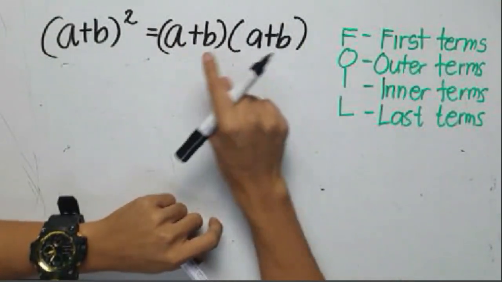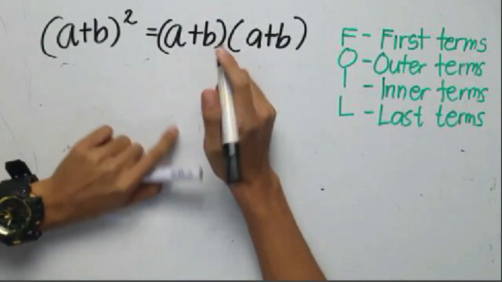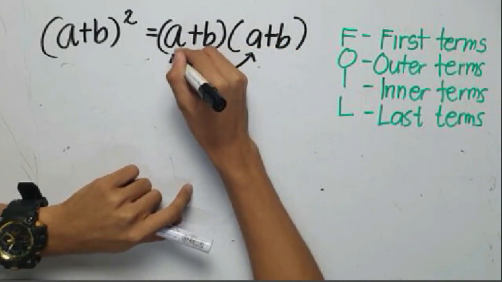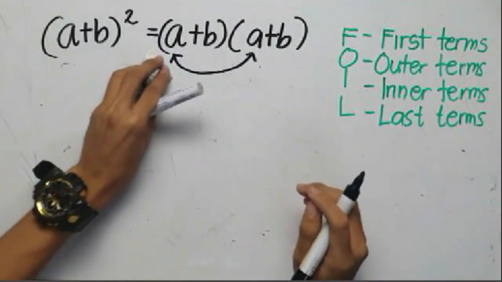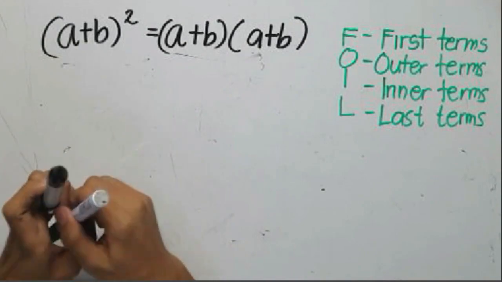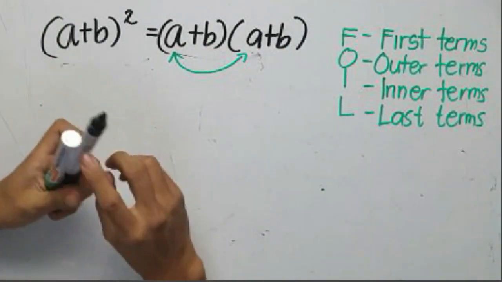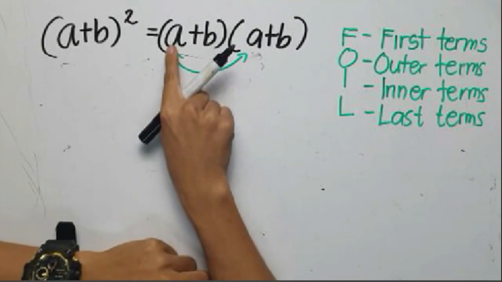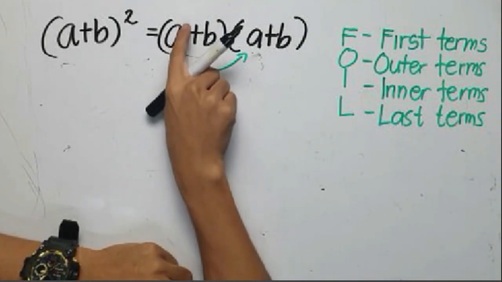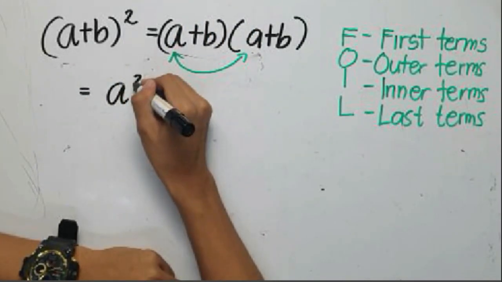So, first terms, alamin natin yung first terms daw ng dalawang binomial. So, first term, we have a times a. So, yung mga first terms daw ay i-multiply natin. So, a times a, parehas sila ng bases, tapos ang exponent nila ay parehas na 1. So, this is equal to a raised to 1 plus 1. So, equal lang yan sa a raised to 2.